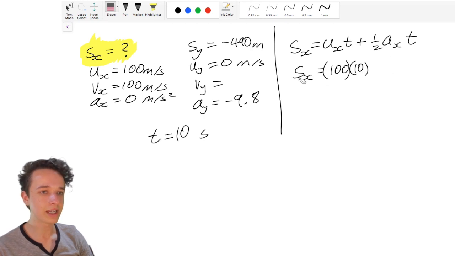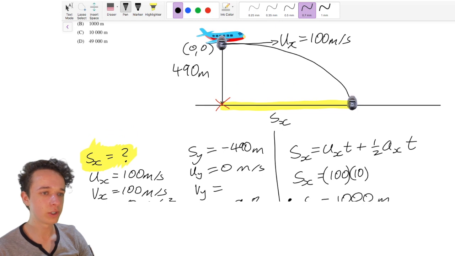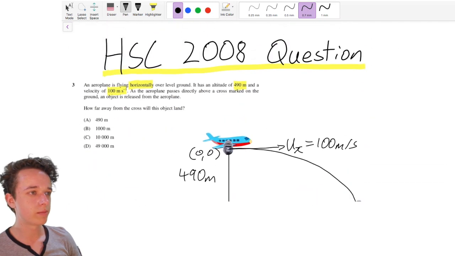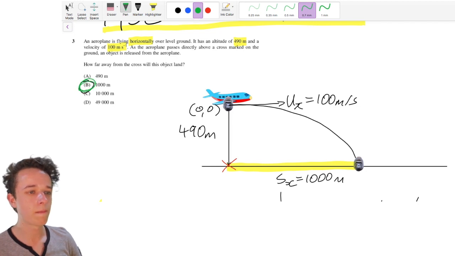And so we have Sx equals 100 multiplied by 10. Therefore, Sx is equal to 1,000 meters, right? So the range of this projectile from the initial position here to the final position here is 1,000 meters. So we can see that we have the option for 1,000 meters for option B. So option B is the correct answer to this question.